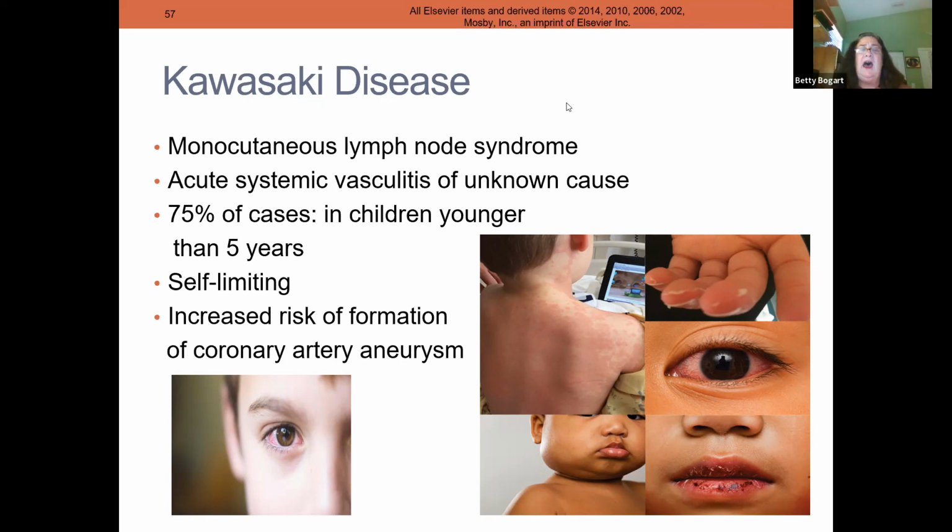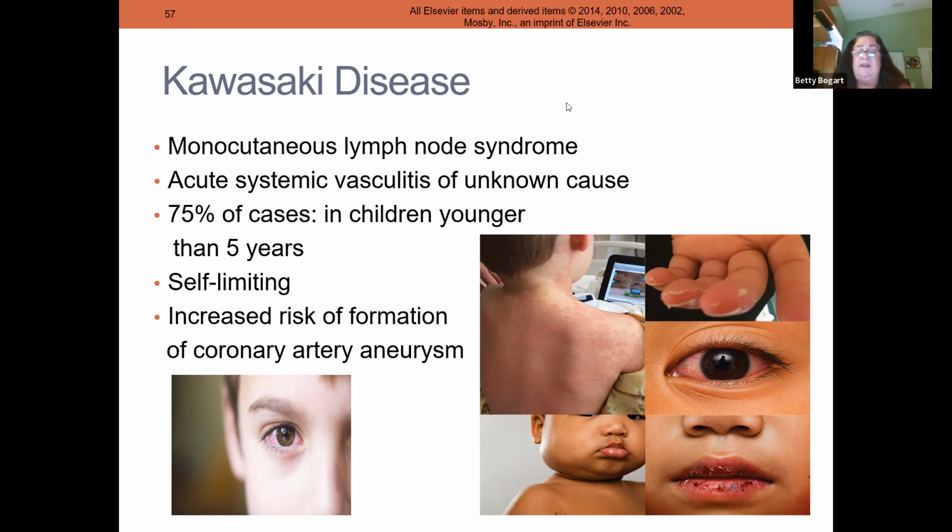So how do we treat this? Well, the first thing we do is these children get placed on intravenous immunoglobulins for about 1 month. This is the only time we place children on aspirin. It causes the blood to thin, so it prevents clots. Remember, all these little microemboli could come out because of this inflammation of the vessels.